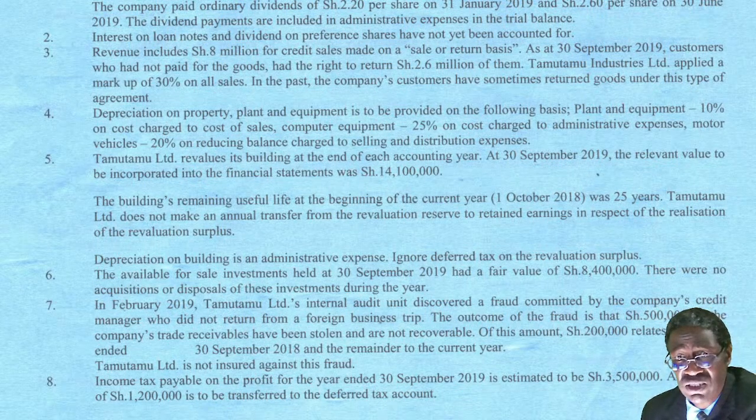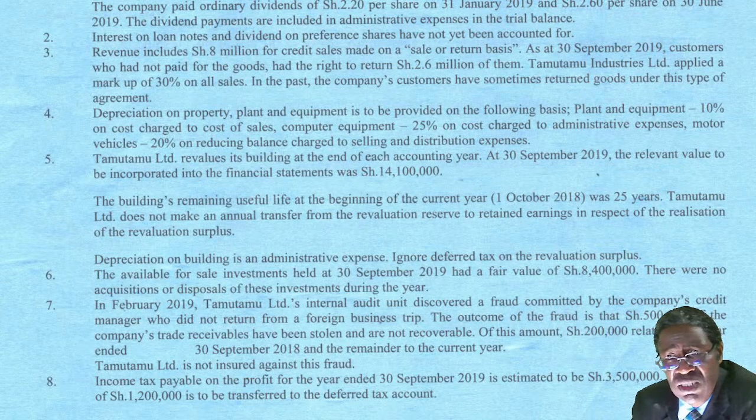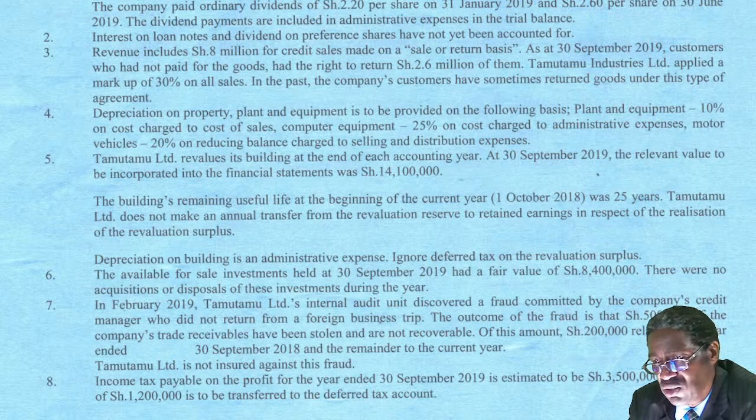As we are doing the computation of the admin, distribution, and cost of sales, we shall be charging those items effectively. Number 5 says, Tamtam Limited revalues its building at the end of each accounting period. Not at the beginning, but at the end of each accounting period.